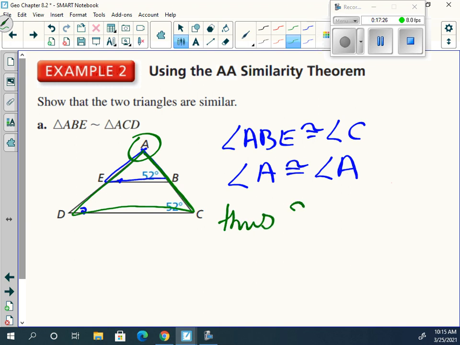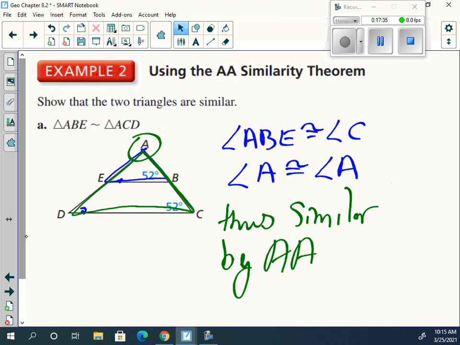Thus, similar by angle. Because these two sets of angles are congruent, it means the two triangles are similar to each other.